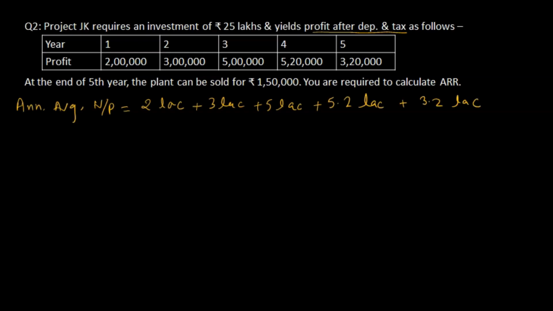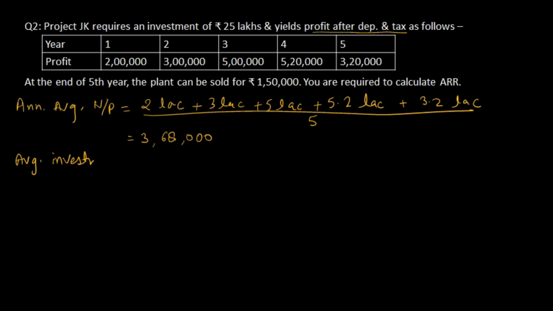We add all this, and because it is 5 years of profits, divide by 5. So this will be equal to 3 lakh 68,000.